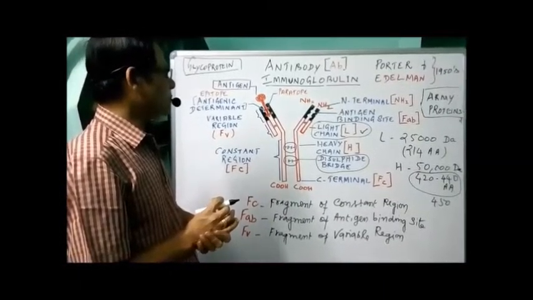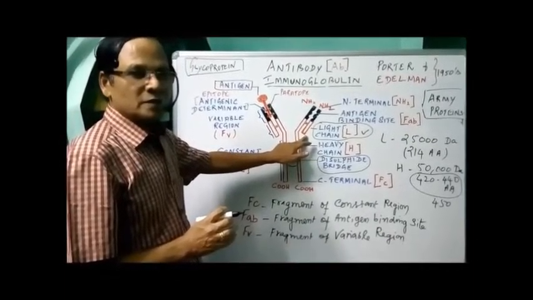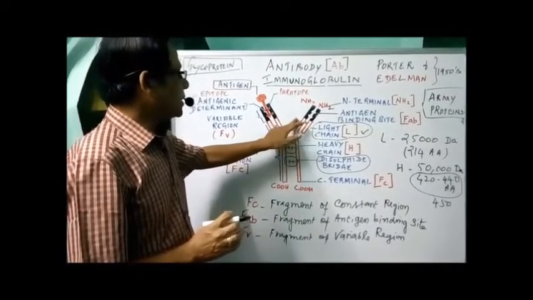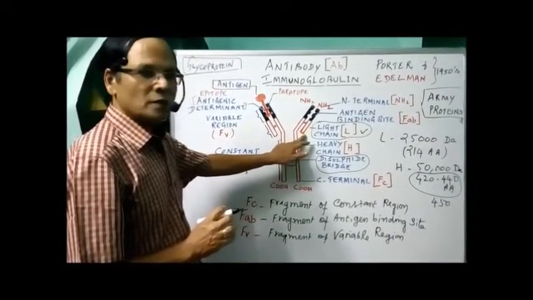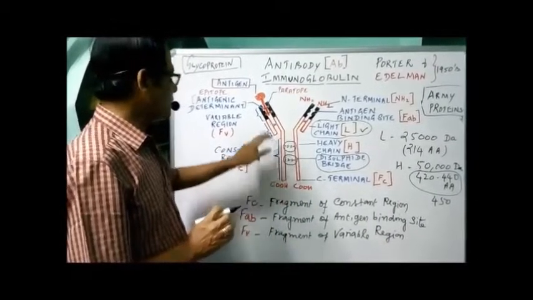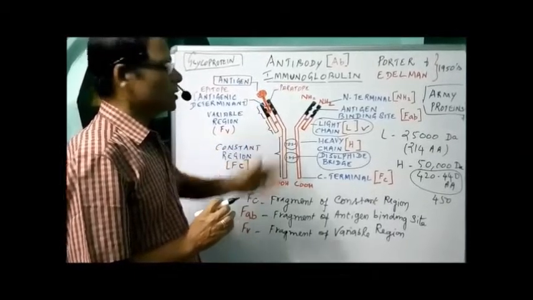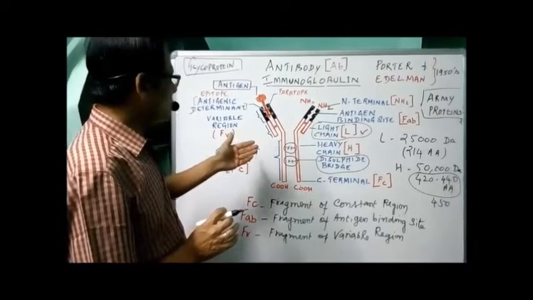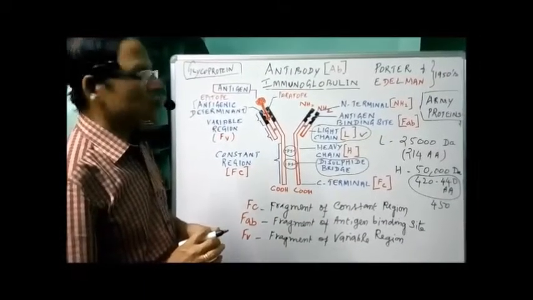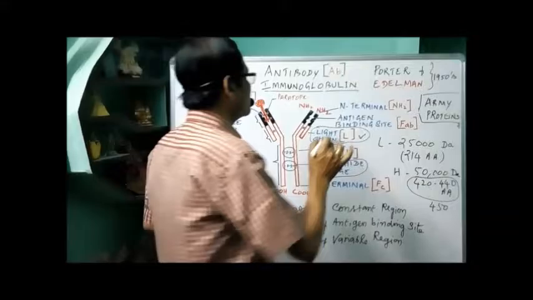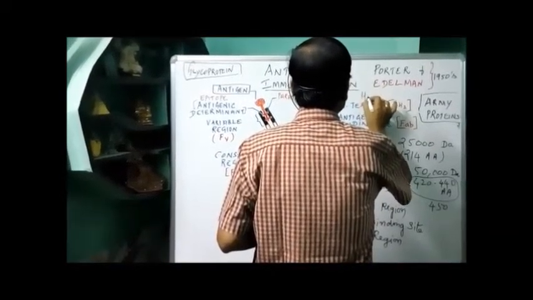This is one light chain, one heavy chain. This is about the structural aspects, as we have two different types of chains. Normally we represent the immunoglobulin molecule as IgG, H2L2.